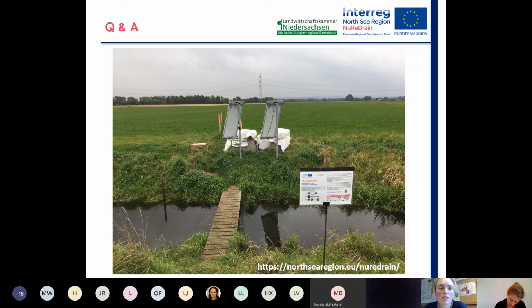Yes. The pre-filter, in our case, is just an empty vessel with a volume of approximately 750 liters. So the drainage pipe ends in this pre-filter.